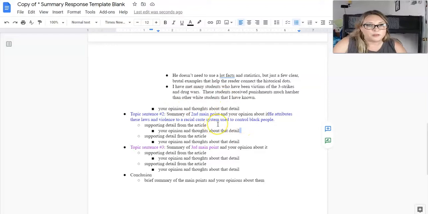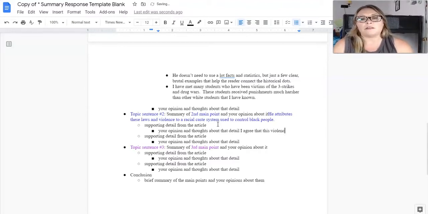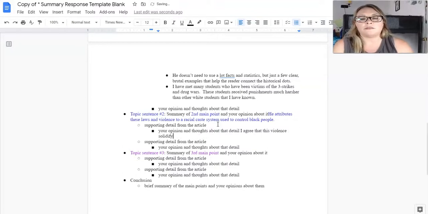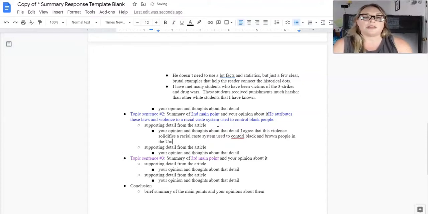This would be the place that you could add a quote to help prove that. My response here would be something like, I agree that this violence solidifies a racial caste system used to control Black and brown people in the United States.